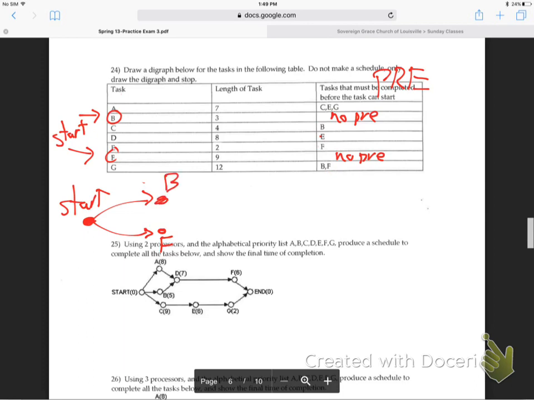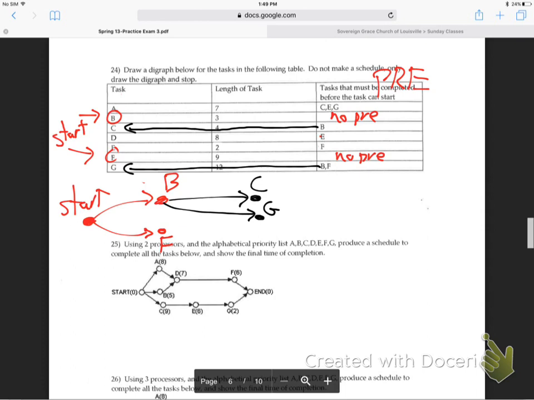So B and F. What does B point to? B points to C. I encourage you to mark them off as you go. Anything else B goes to? B also goes to G. And what about F? F goes to E. F also goes to G, so there are 2 arrows going to G. Both B and F go to G in the middle.